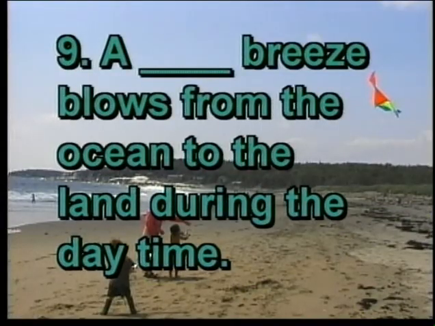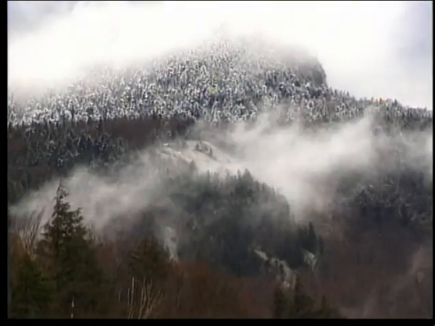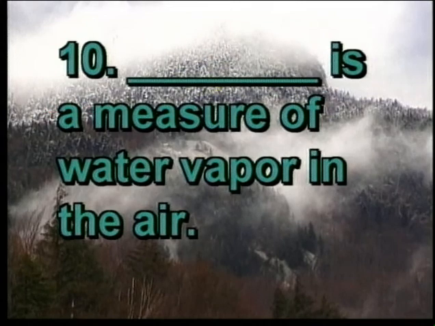Number 9, a blank breeze blows from the ocean to the land during the daytime. And number 10, blank is a measure of water vapor in the air.